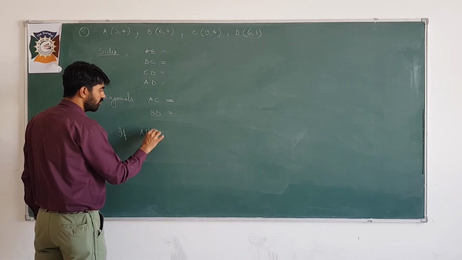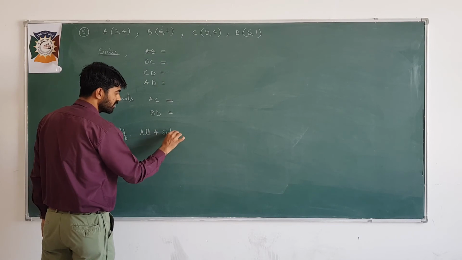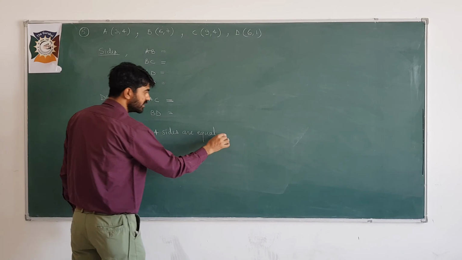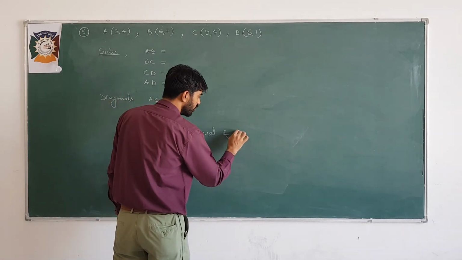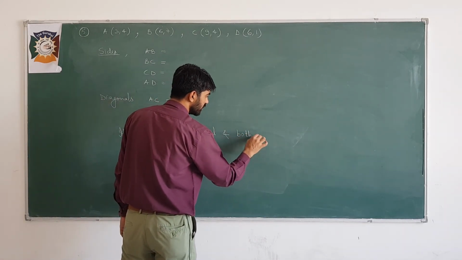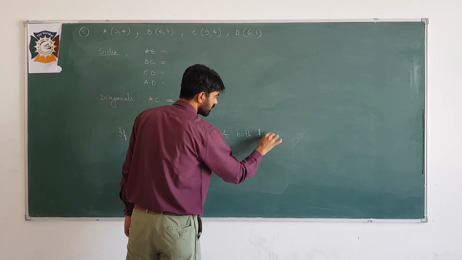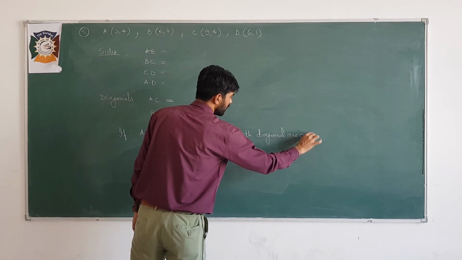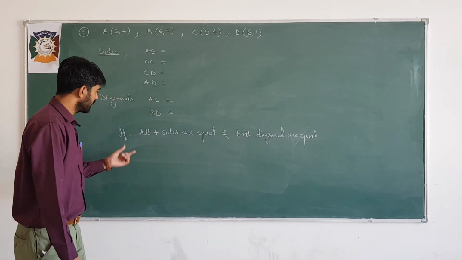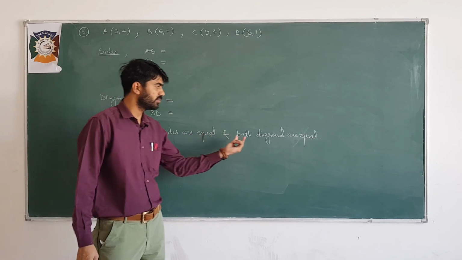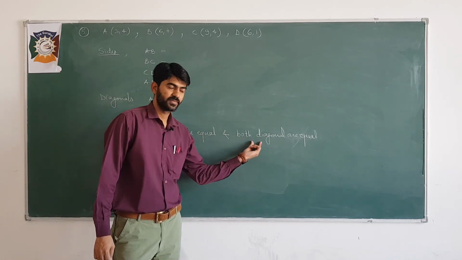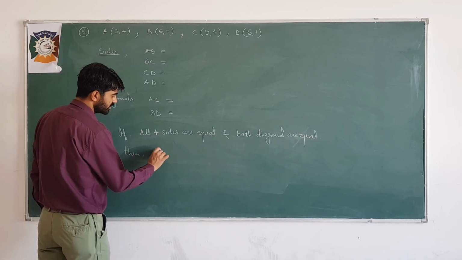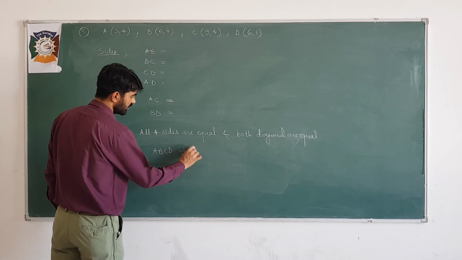Okay, if all four sides are equal and both diagonals are equal, then ABCD is a square.